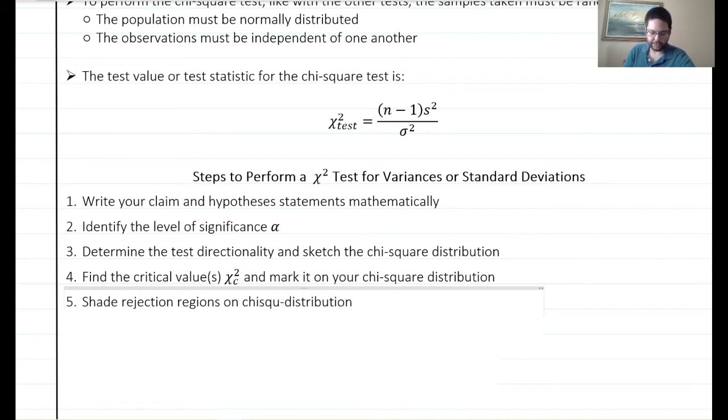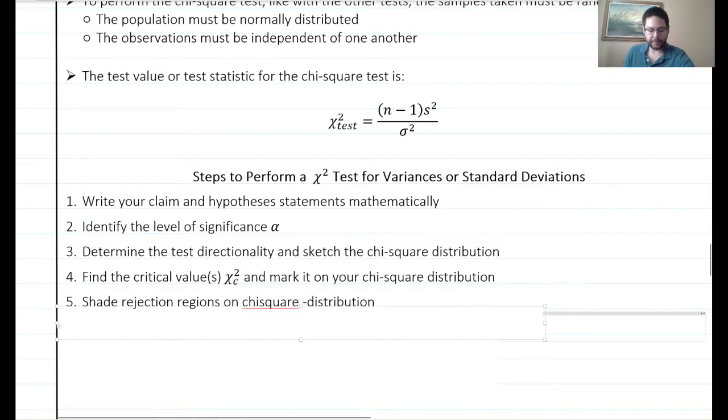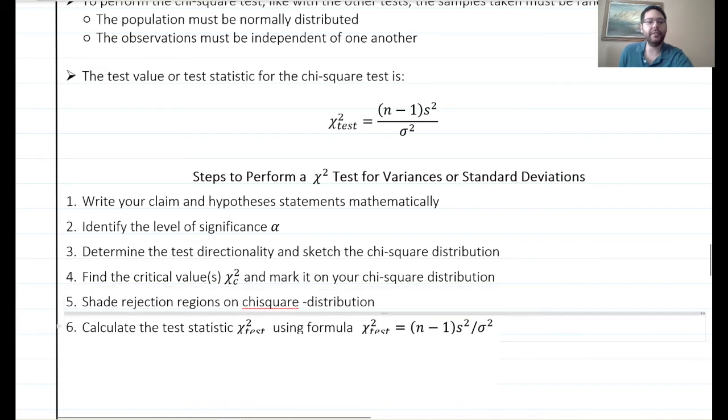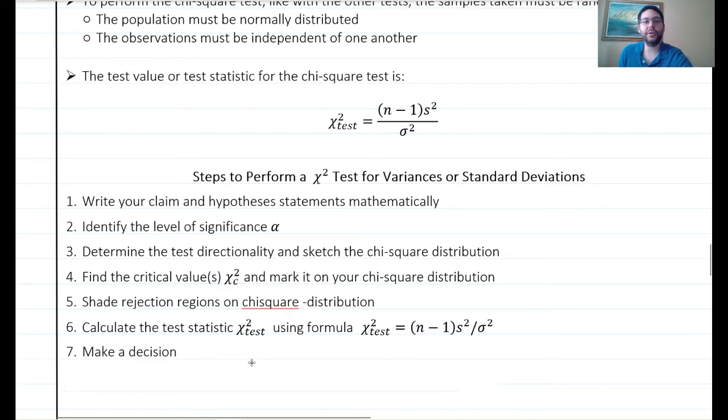That should be chi-square distribution, not t distribution. Apologize for that. Then calculate your test statistic using that formula, make a decision, and then write your final conclusion.